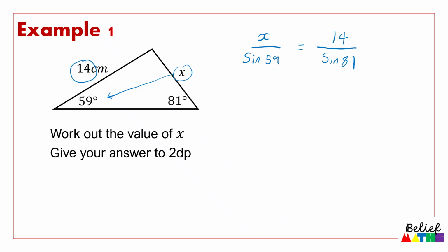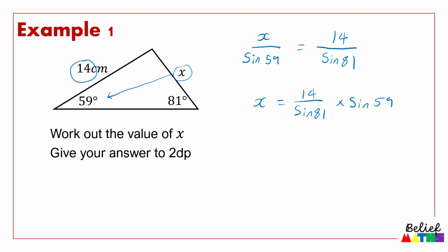The reason I like my x to be in that top left position is because now my next step is always going to be the same no matter what question I have. I'm going to take that sine 59 and multiply it on the other side, because on the left hand side it's dividing, so on the right hand side it'll be multiplied. So we have x is equal to 14 over the sine of 81 multiplied by the sine of 59.